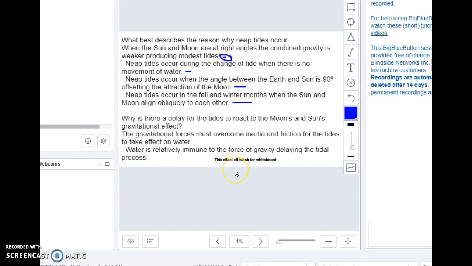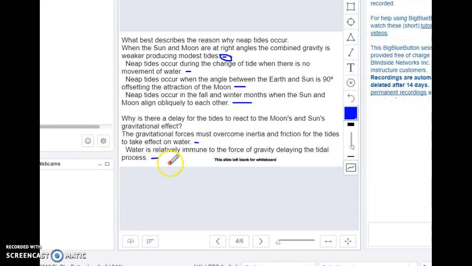All right, next question. Why is there a delay for the tides to react to the moon's and sun's gravitational effect? Got it to a 50-50 here. The gravitational forces must overcome inertia and friction for the tides to take effect on water.